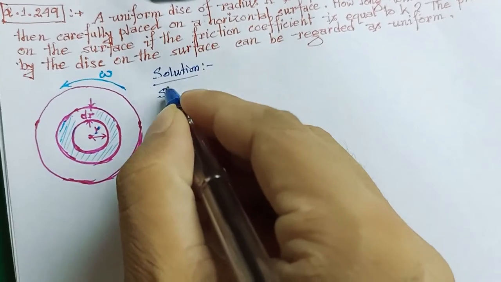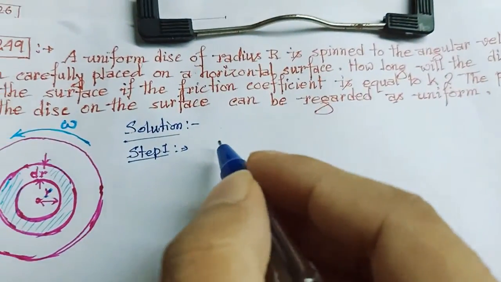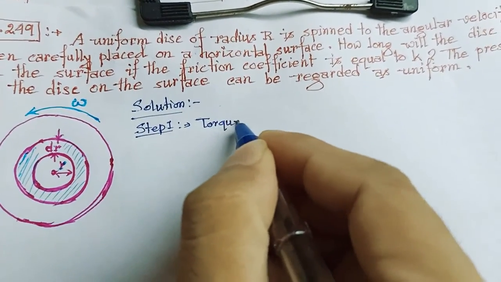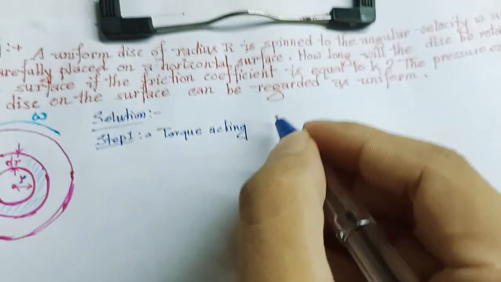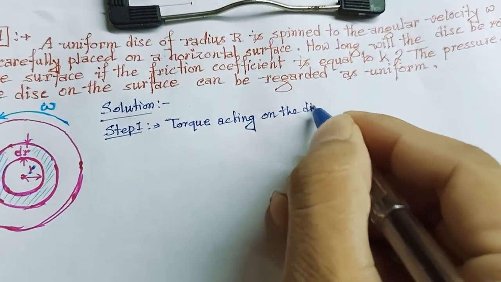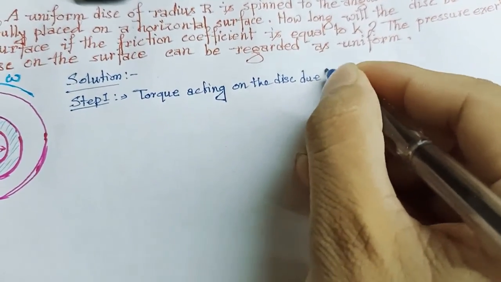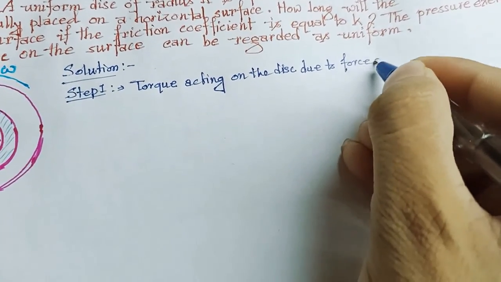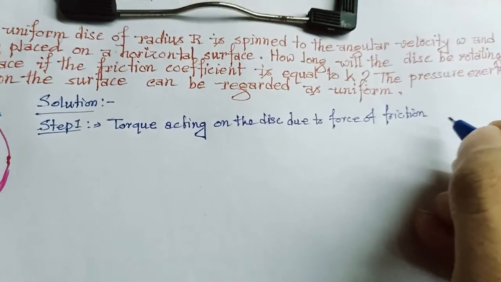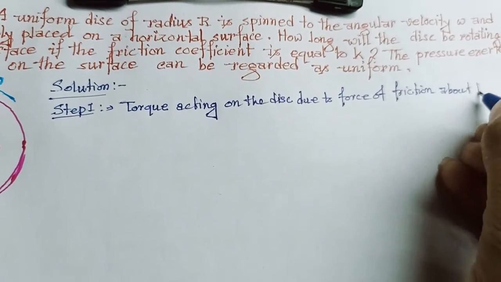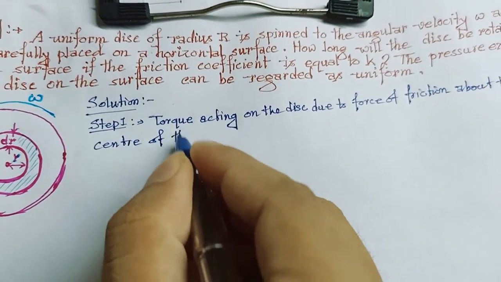So let us begin with step 1. At step 1 we have to determine the torque acting on the disk due to the force of friction about the center of the disk.